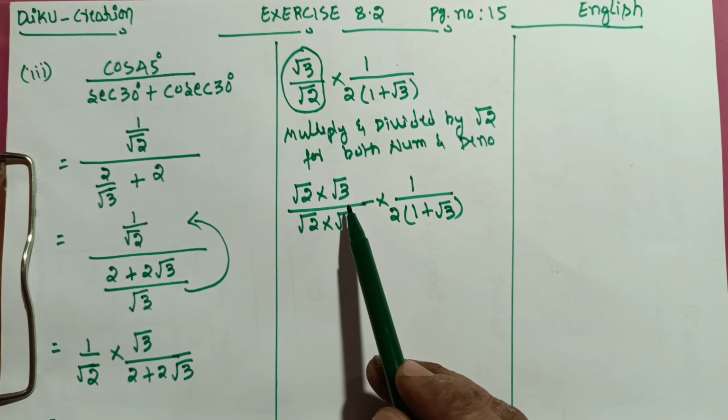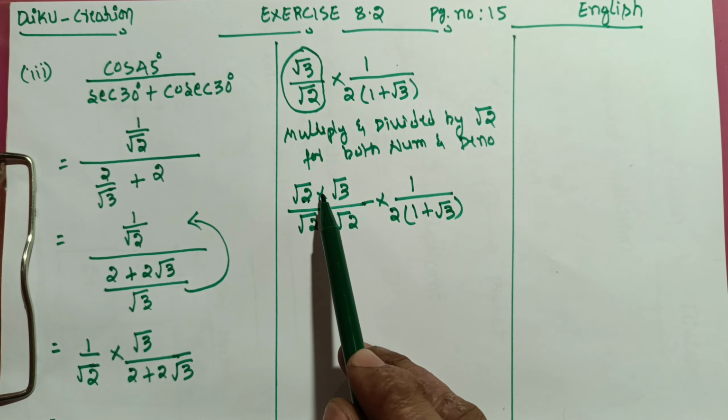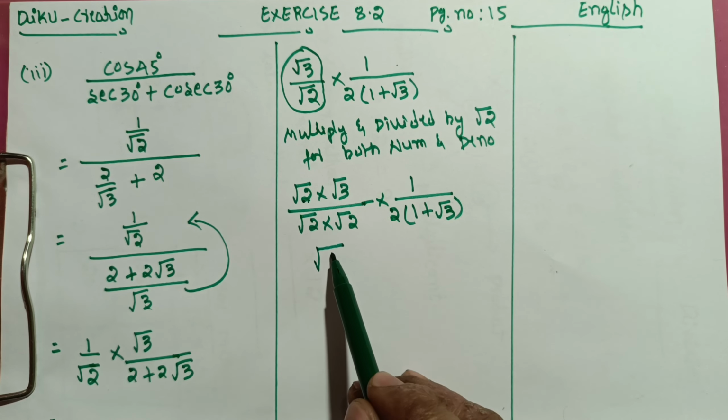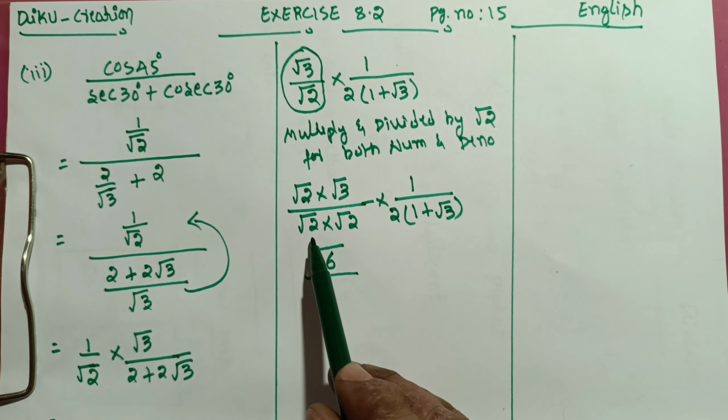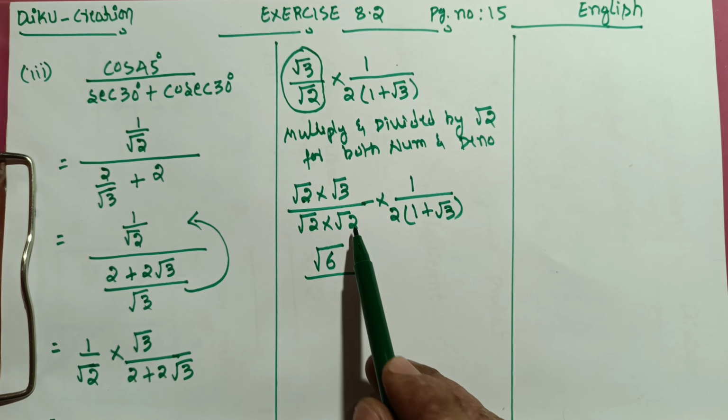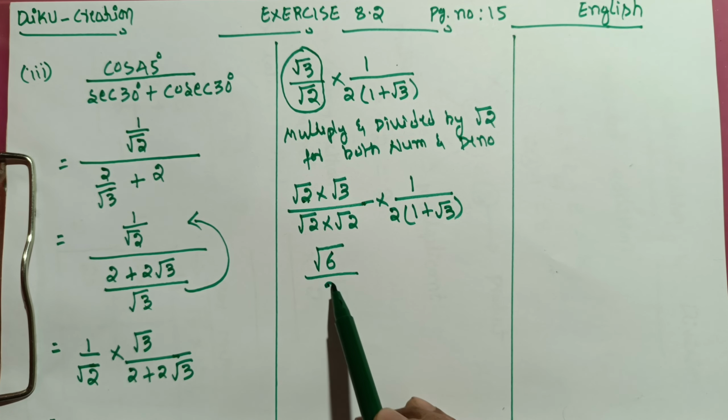Now I will multiply this root 2 into root 3. It is going to be root 6 divided by root 2 into root 2 is root 4, hence square root of 4 is 2.